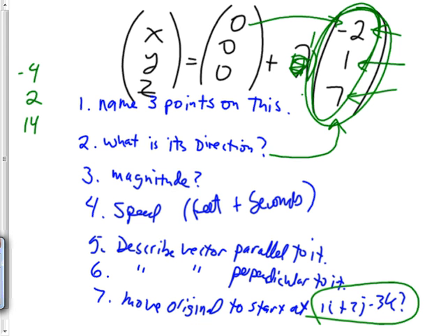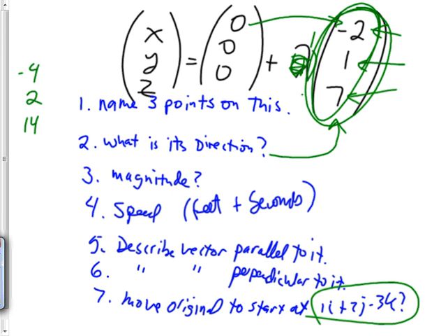So I'm going to move this thing to be in the right spot. 2 to the left, up 1, and then 7 feet this way. Maybe a little higher. All right, so there's your vector.